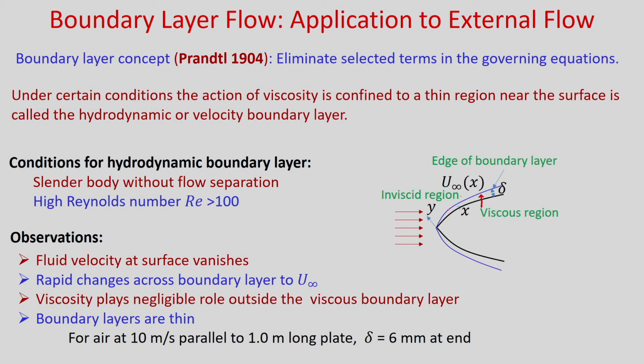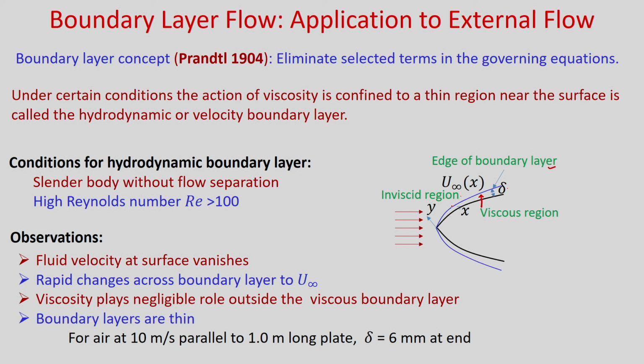The distance from the wall to the thin layer edge is known as boundary layer thickness and it is denoted by delta, and this line is a fictitious line where inside we have a viscous region and outside we have inviscid region, and this edge is known as edge of boundary layer.